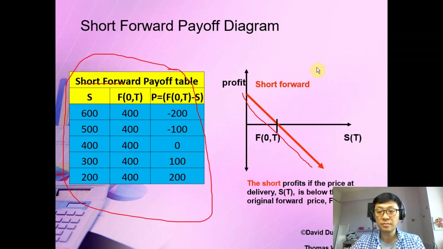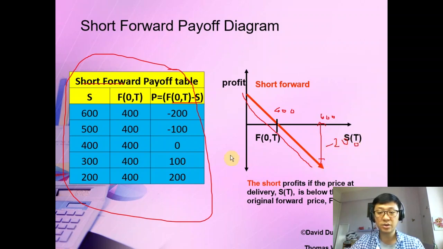If you use the formula again, it's the same: forward minus S, the spot price. So let's say this is 400. Then you have this short, let's say 600. So you have the formula F minus S, 400 minus 600, so you got a negative 200 over here.